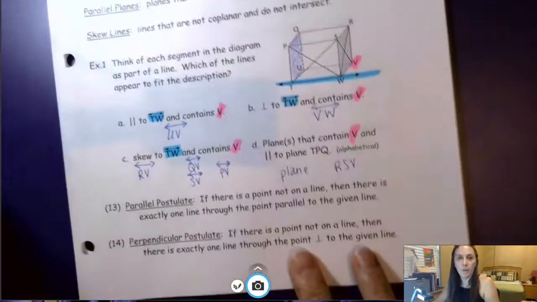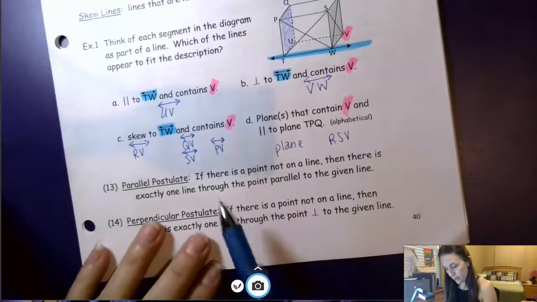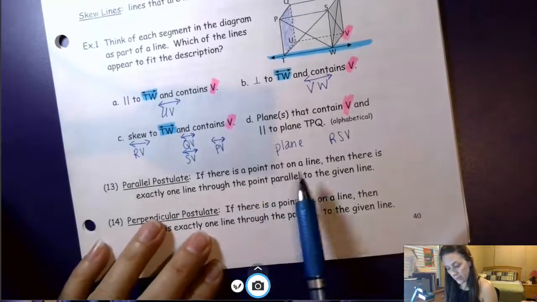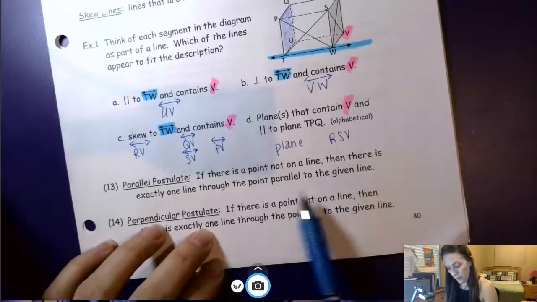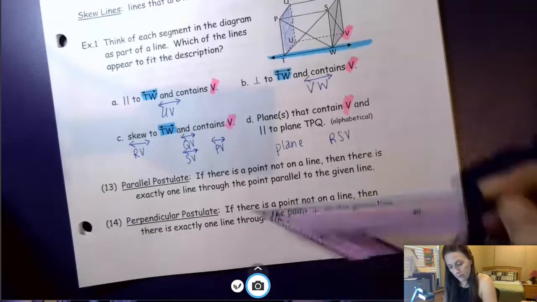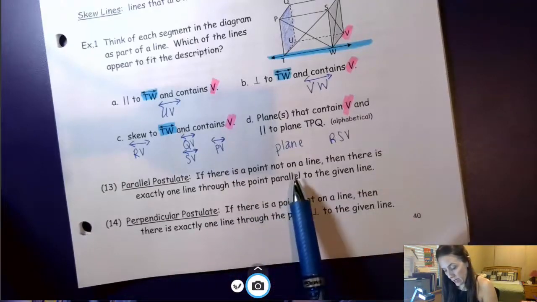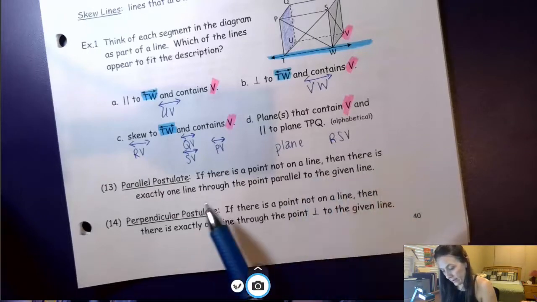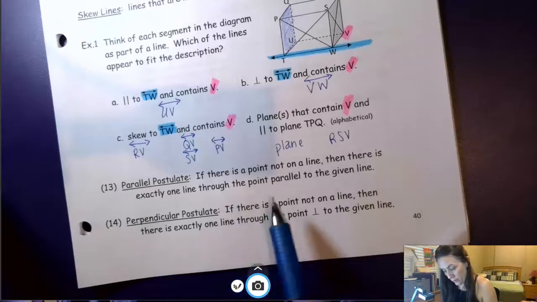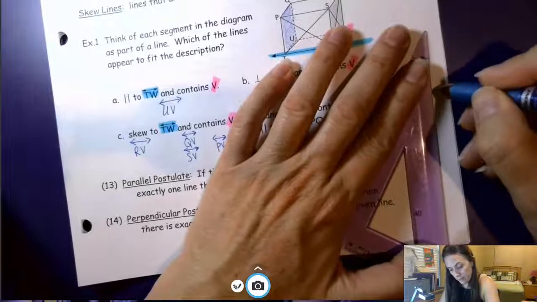Okay, now parallel postulate here. Parallel postulate: if there is a point not on a line, then there is exactly one line through the point parallel to the given line. So I'm going to start with this line over here.